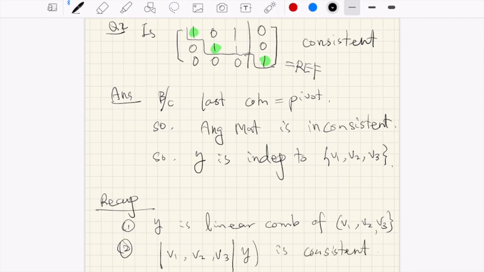To identify that, you want to try to reduce this into REF and look at its last column. And consistent means it's non-pivot. Of course, for REF, you have to use Gaussian elimination if the augmented matrix is complicated.